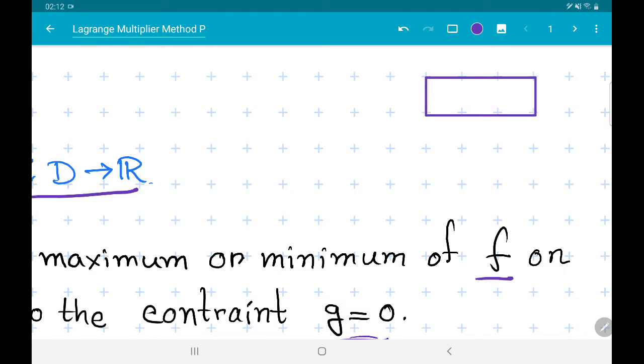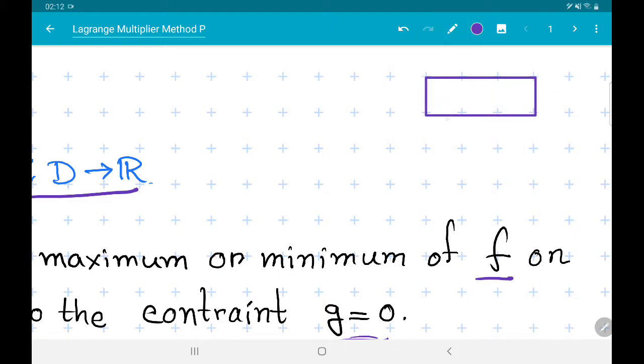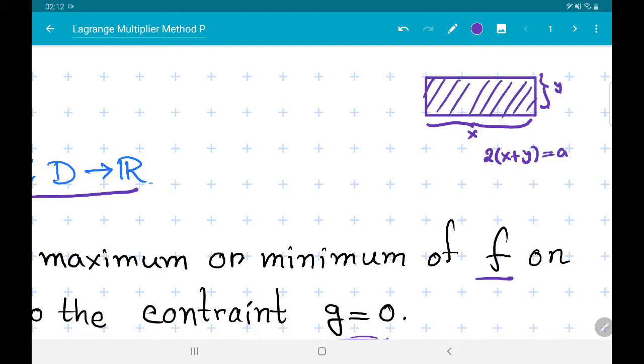We were given a rectangle whose perimeter is fixed. So if this is x, this is y, then 2 times (x plus y) is equal to a. Then what is the maximum possible area of this rectangle? So what is the maximum value of xy that can occur if we are given that 2 times (x plus y) is equal to a?